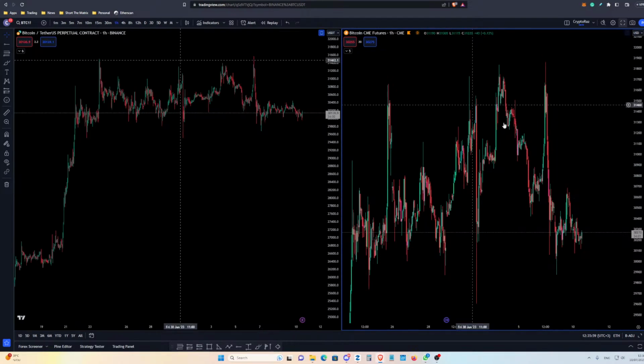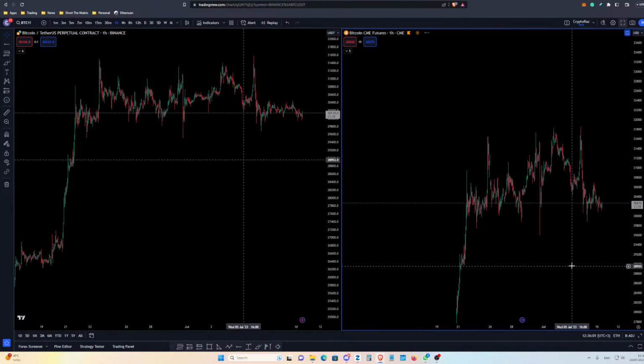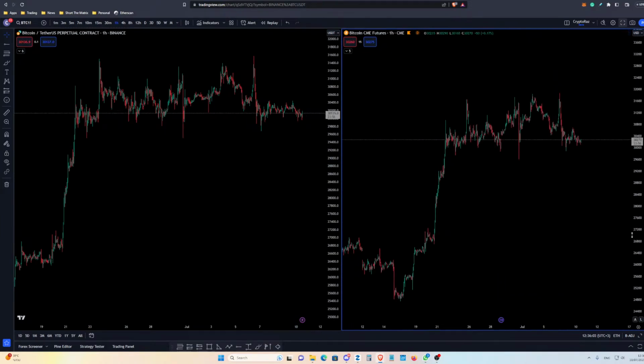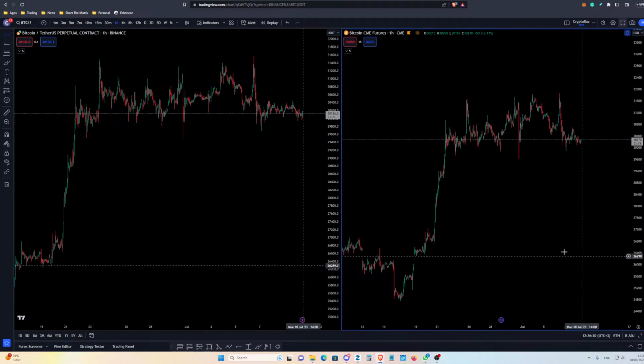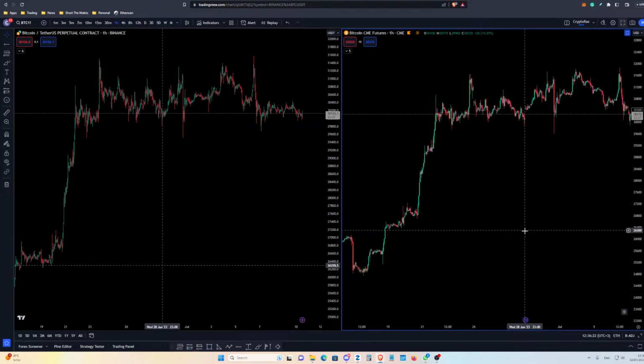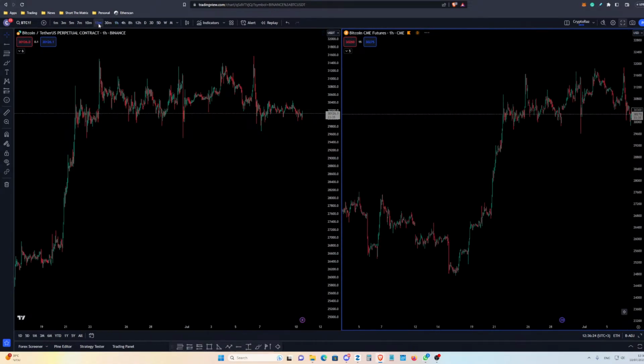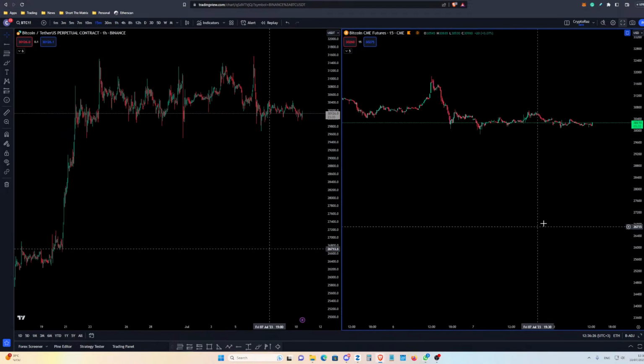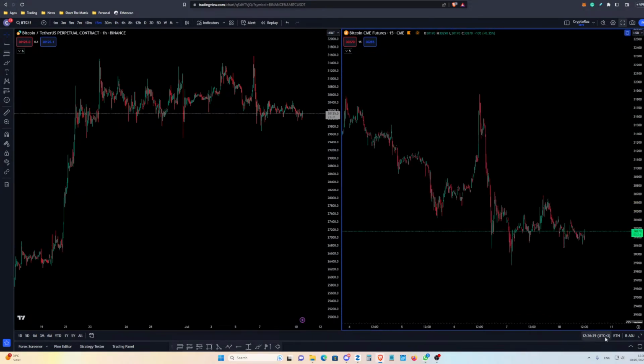I want you to notice that this is run by the Chicago Mercantile Exchange, meaning there are market makers involved. This is not directly trading the future. It's just a copycat of Bitcoin's movement. And you can see the actual market makers at work within this time frame, and I can tell you how you can exploit it.